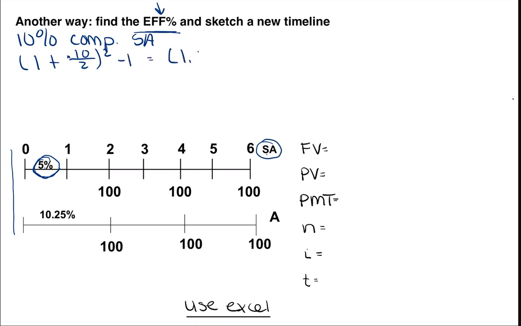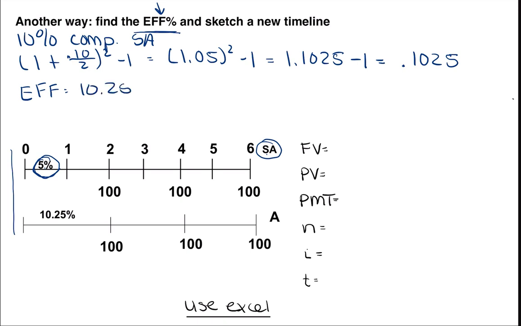I get 1.05 to the power of 2 minus 1, which is equal to 1.1025 minus 1, which is equal to 0.1025. And I want a rate, so multiply that by 100, and my effective rate is equal to 10.25%.